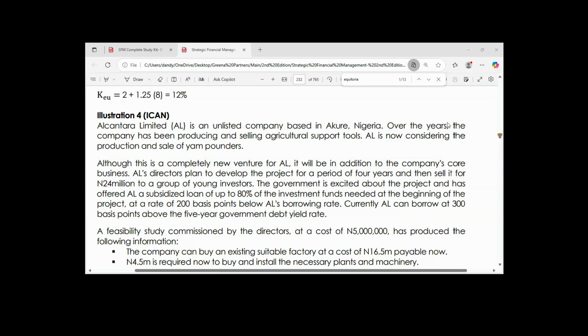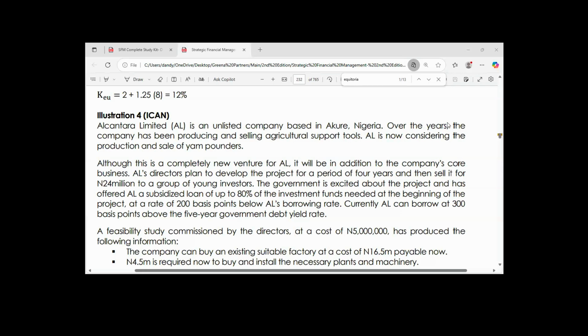You then move to step 2, which is to calculate the tax saved on interest. The tax saved on interest is the total interest multiplied by the company tax rate. Then step 3 is to calculate the PV of tax saved on interest, which is the tax saved multiplied by the annuity factor. So that's what you need to do whenever you want to calculate the PV of tax saved on interest.